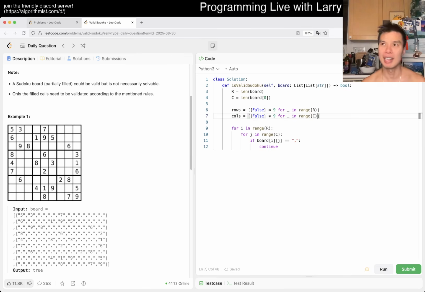I think honestly, if you're doing competitive programming, your mind should jump to bitmask immediately. And if you struggle with bitmask in general, maybe this is a good place to practice how to do it.